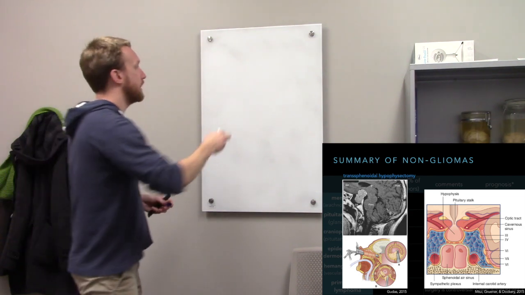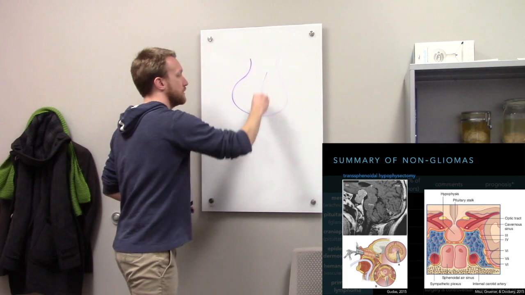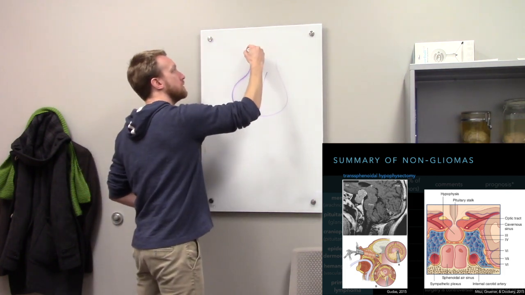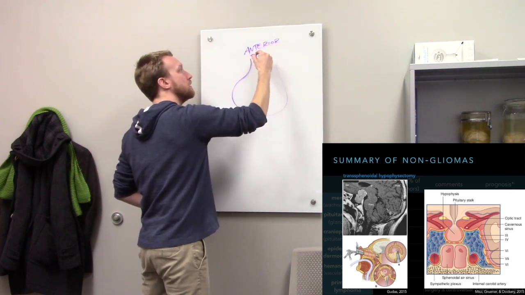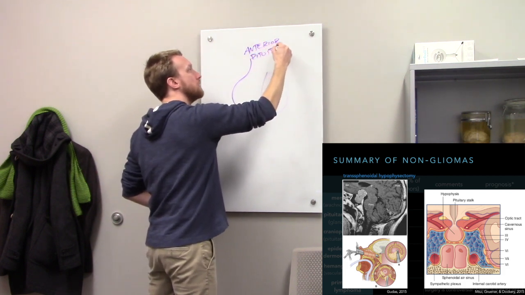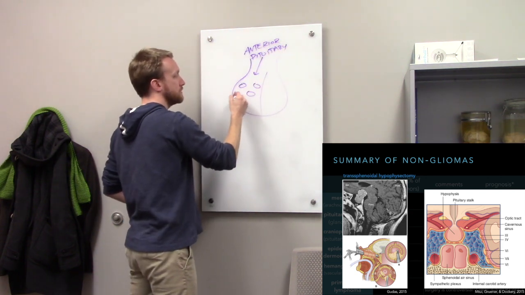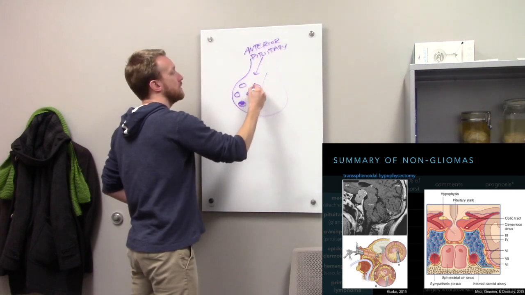Now, the hormonal abnormalities really depend on what kind of cells we're targeting. So here in the anterior pituitary, we have cells called tropes. And we'll color them in.